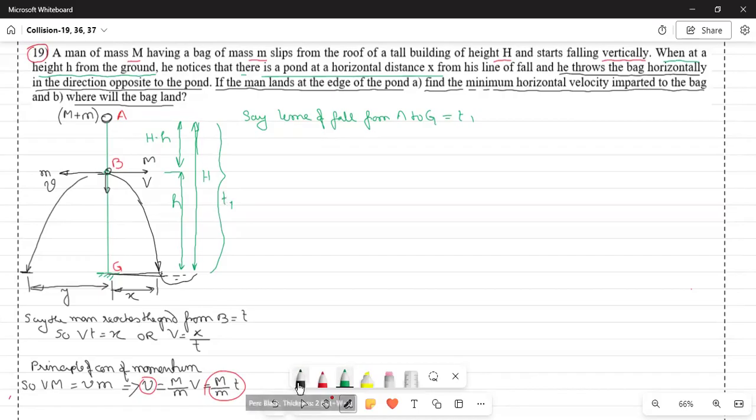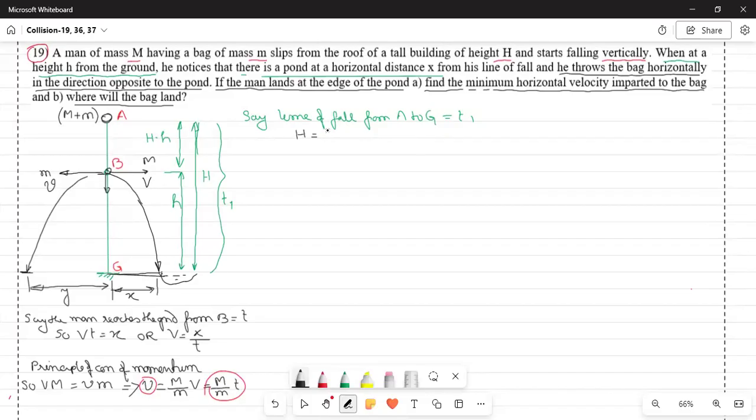Then we can use the formula of kinematics, where we can easily write the height h is equal to u t1 plus half g t1 square.